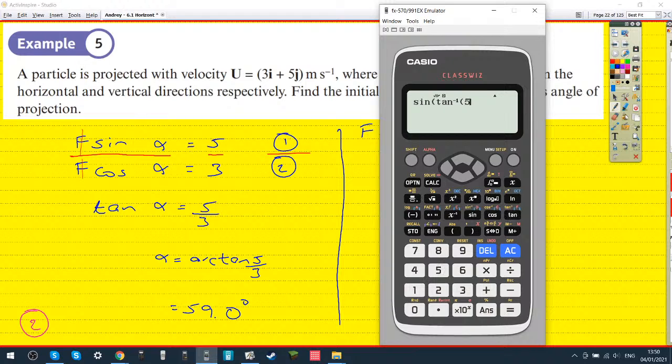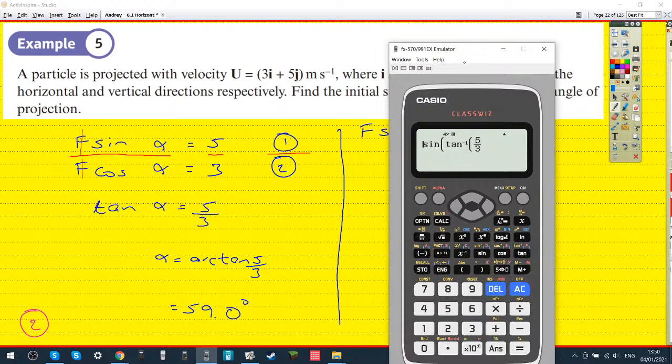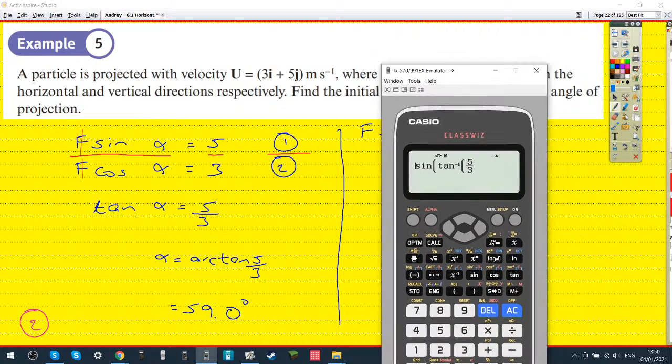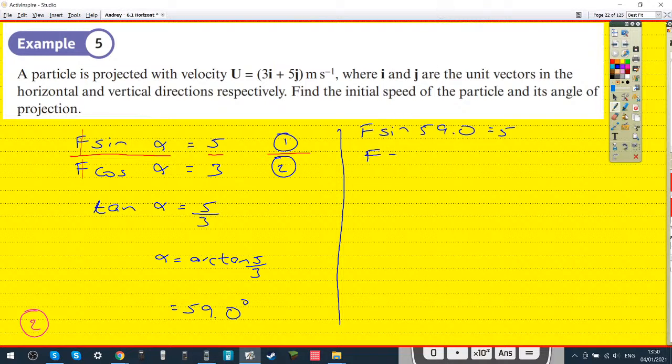I got 5.83 times something equals 5, so it's 5 divided by that. 5.83, looks good to me. F equals 5.83 meters per second at an angle of 59.0 degrees.